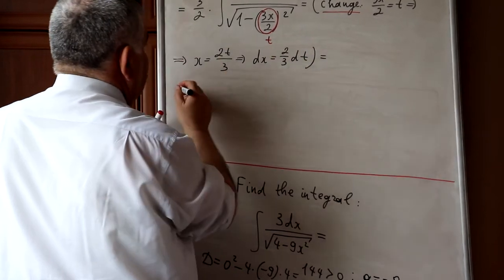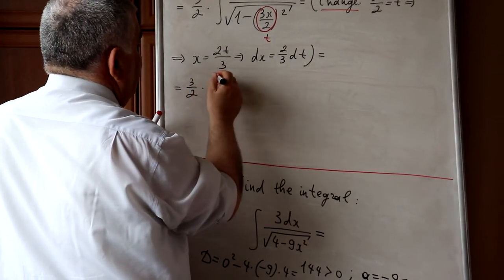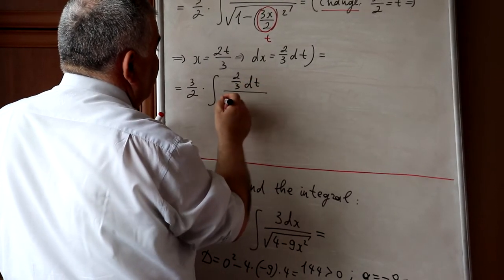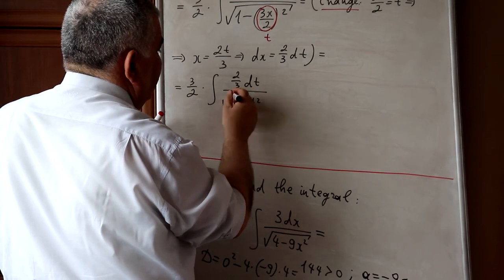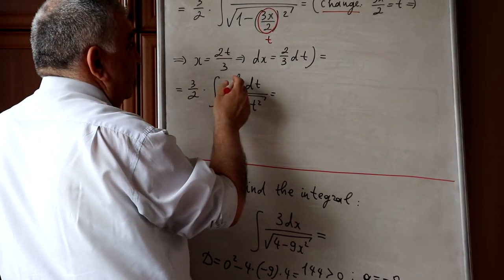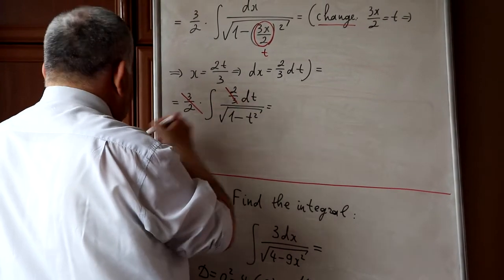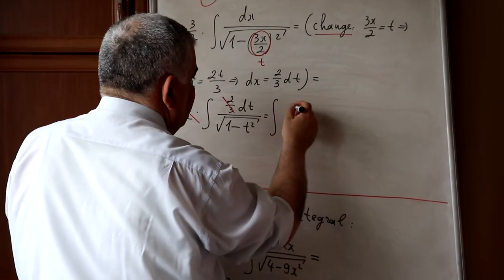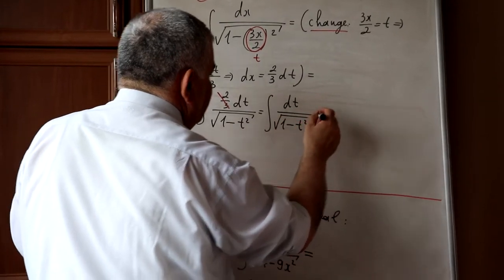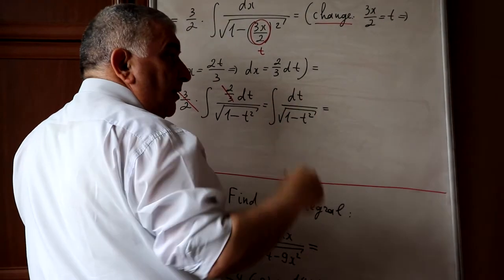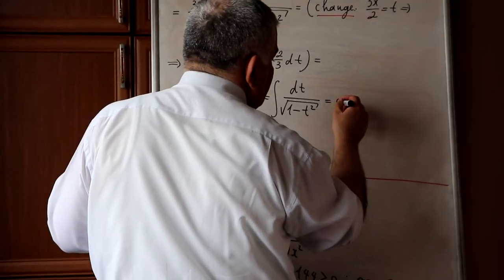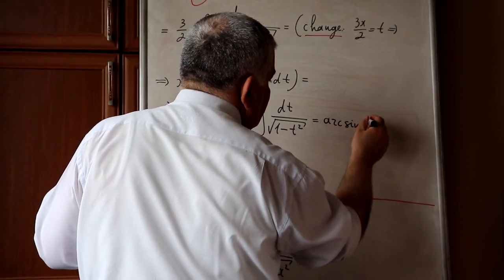Then use this change: 3 halves multiplied by 2 thirds dt over square root of 1 minus t squared. Then we can simplify 3 halves and 2 thirds. Therefore, we will have the integral dt over square root of 1 minus t squared. According to the table of integrals, it is arcsine t plus c.